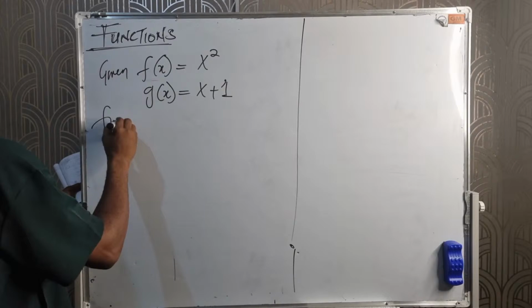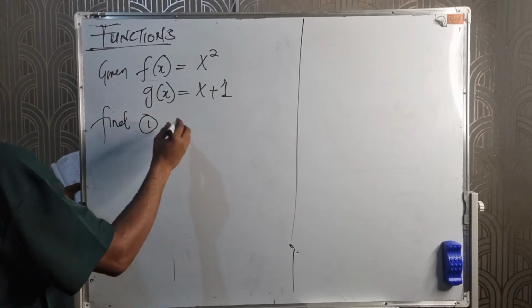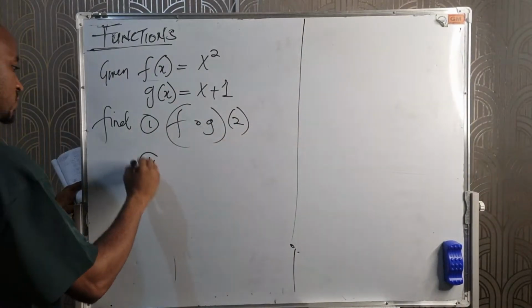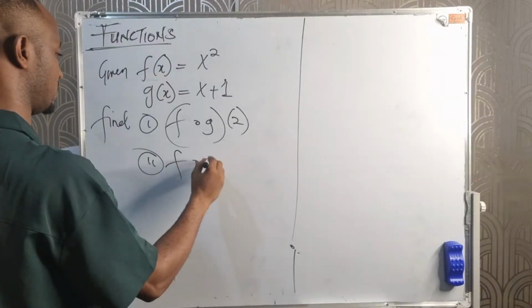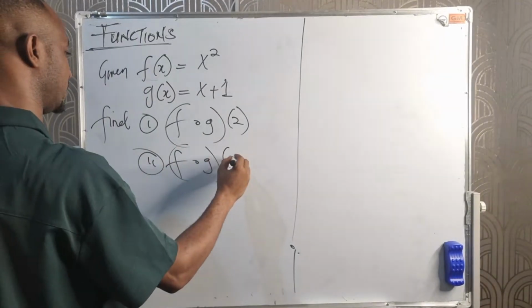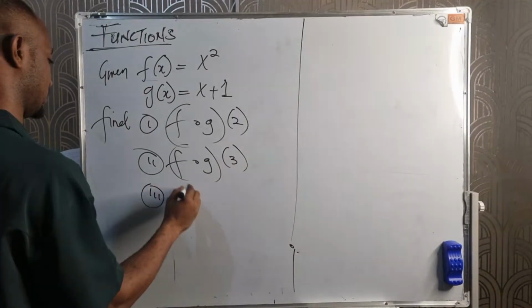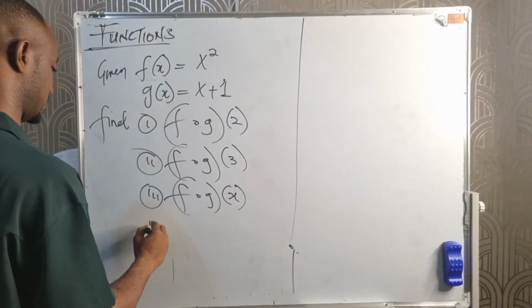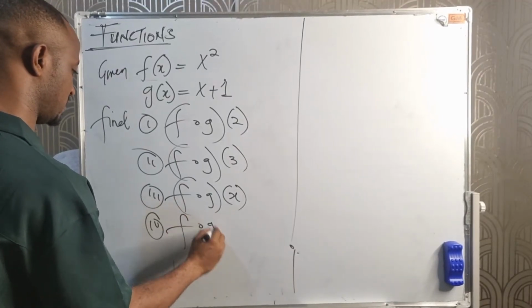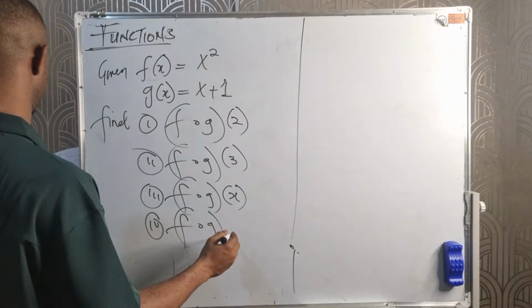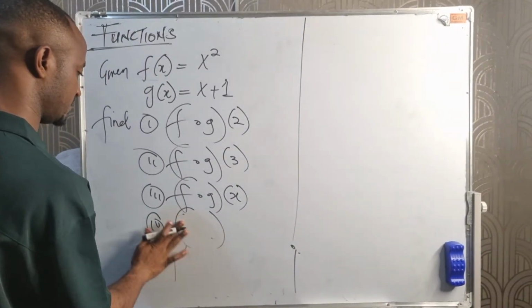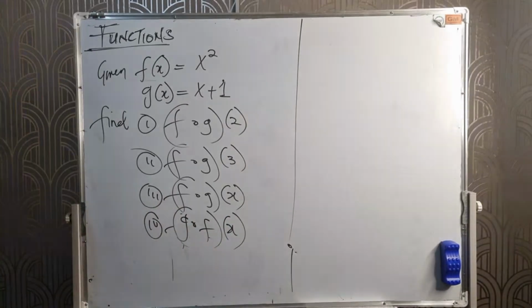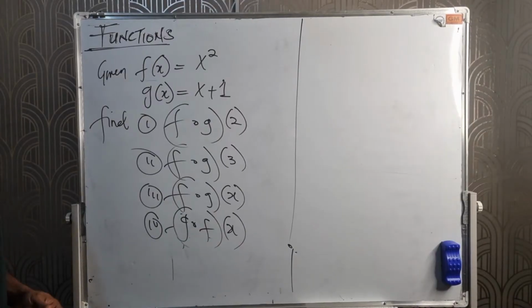Then the question says find: number 1, f o g 2; number 2, f o g 3; number 3, f o g x; number 4, g o f x. Let's solve this question together.